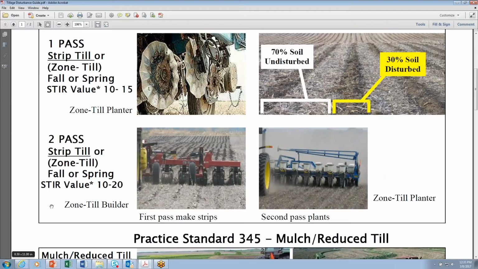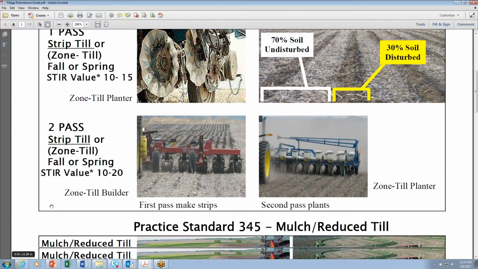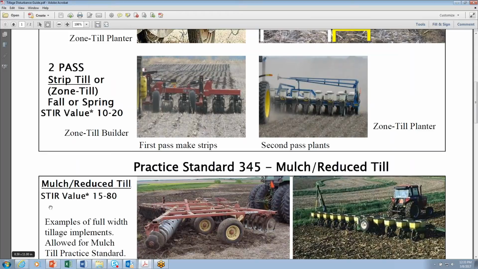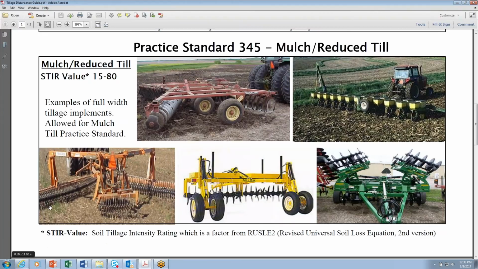Okay, so that's 329. Then we go to 345, which is either mulch or reduced tillage. You get a lot more latitude to play out there. So you're looking at a stir value of 80. And I'm going to get on a soapbox for a second and say the stir value really means something.